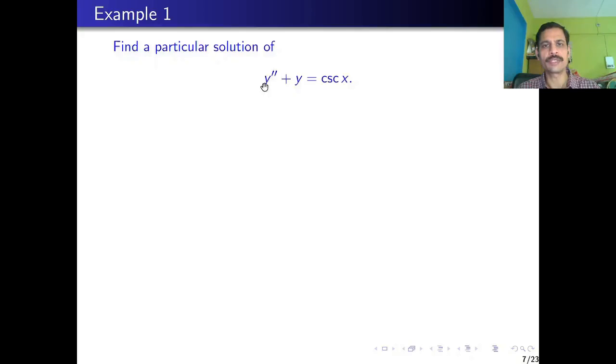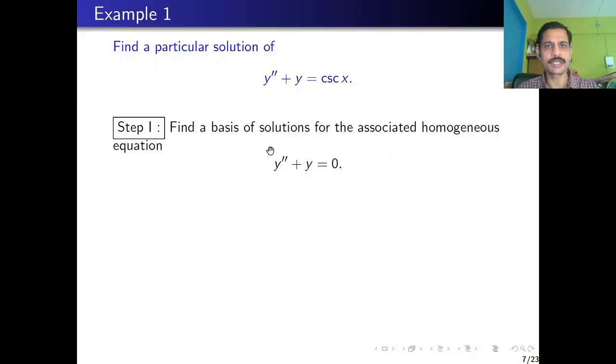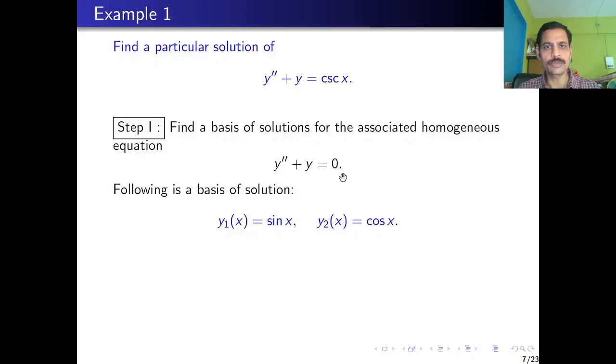Consider the differential equation y double prime plus y is equal to cosec x. Step 1: we consider the associated homogeneous equation, y double prime plus y equals 0. To solve this, we look at the roots of m square plus 1.